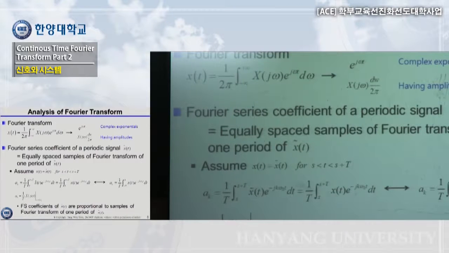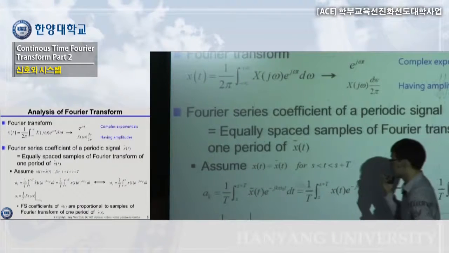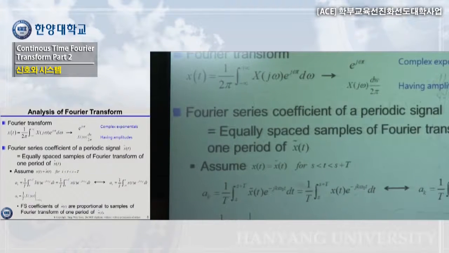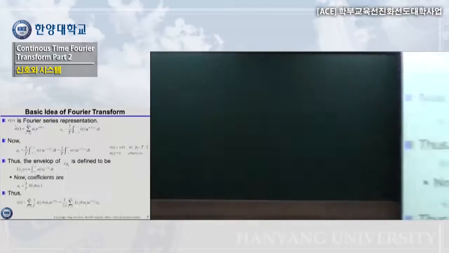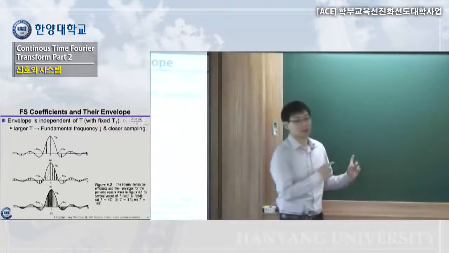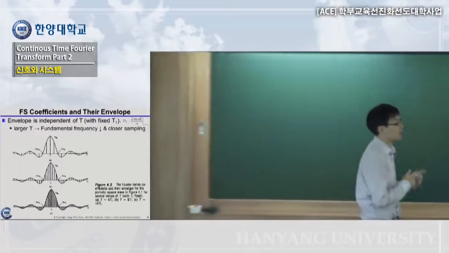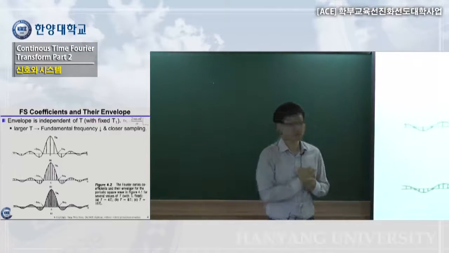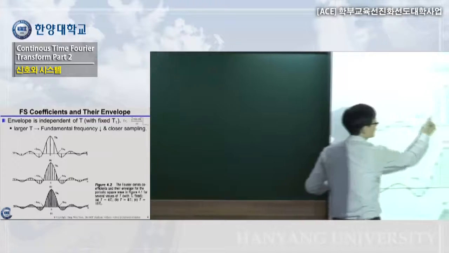You may not get the point of it, so let's go back to the story that we used before. Do you remember this graph? We said that T a_k is our envelope, the whole signal, this line.